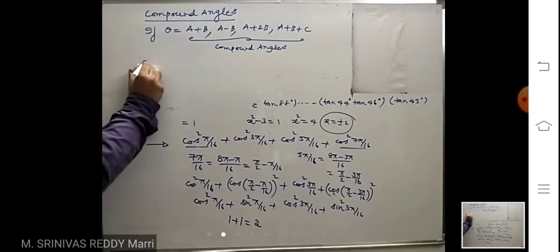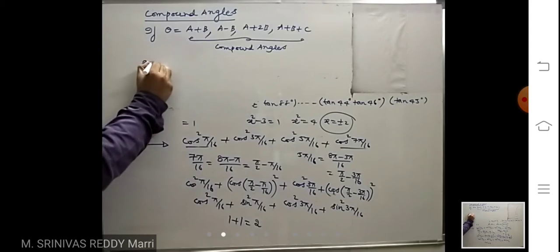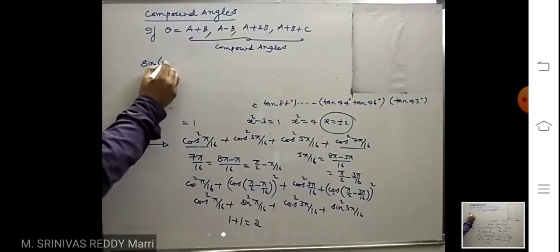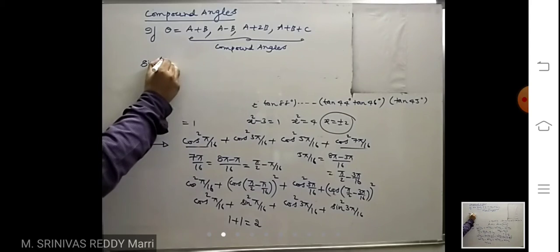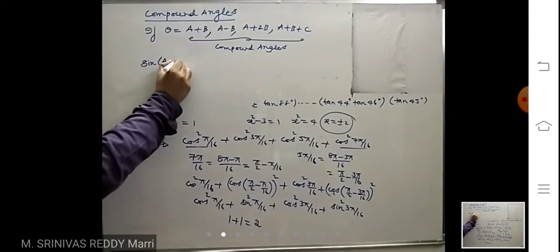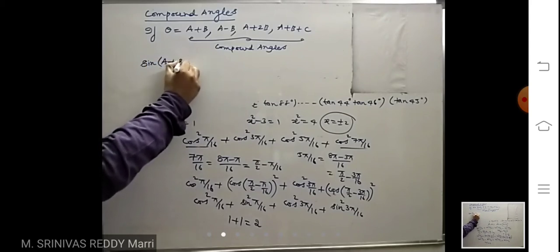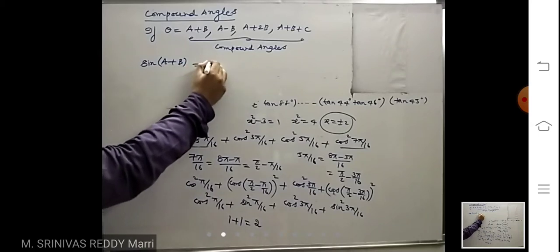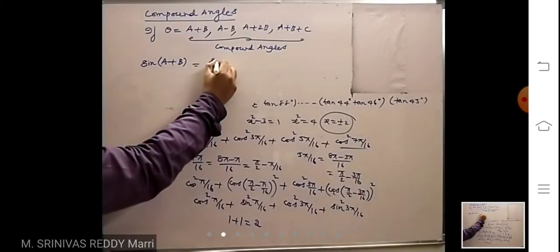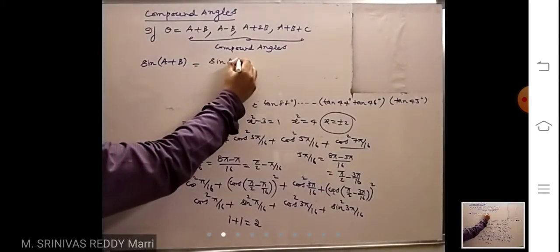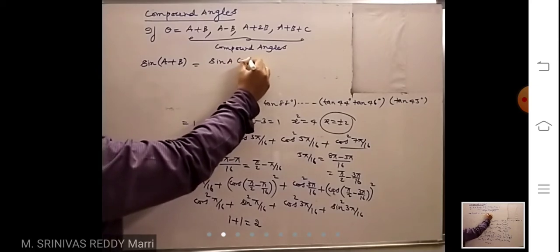Look at, from here the trigonometry chapter really starts. Sine of A plus B. That means the compound angle formula. There is no theorem here, just remember the formula.